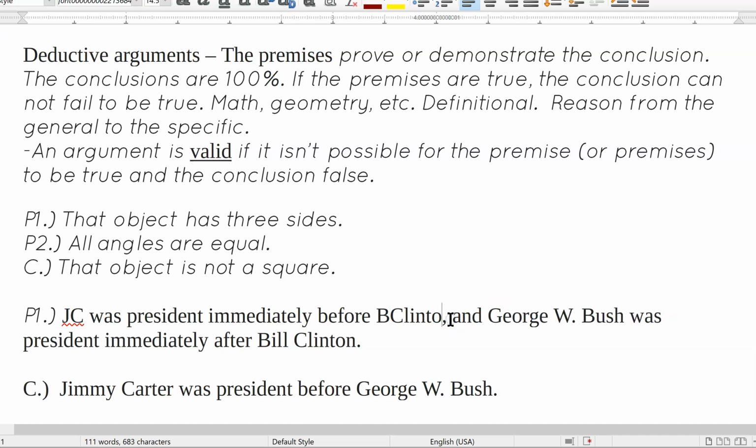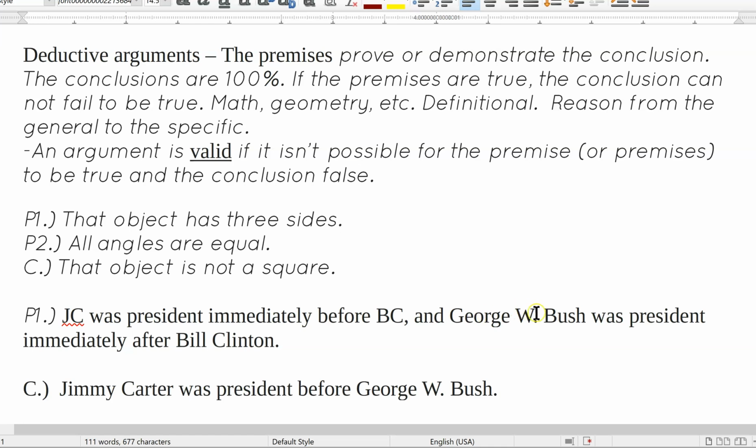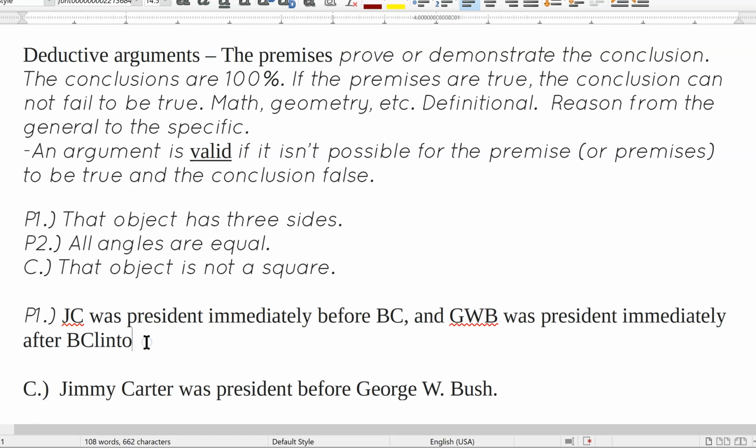Probably be better if I just made them their first initial, their first name. We can keep the W in there. My reason for doing this might be clear to some of you guys. If it's not, that's okay, don't stress it.